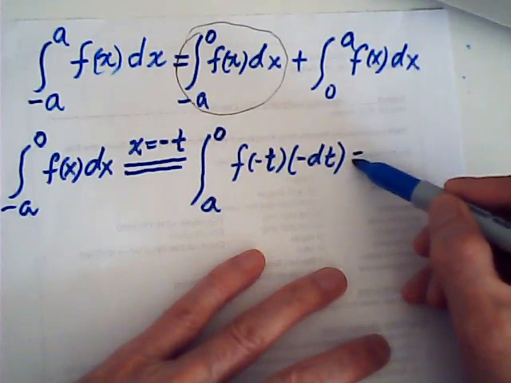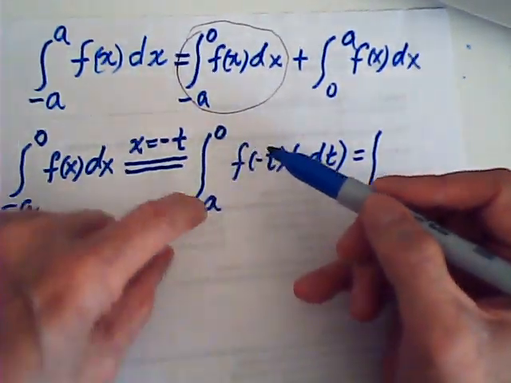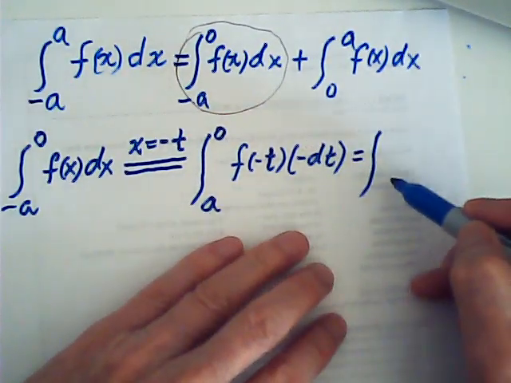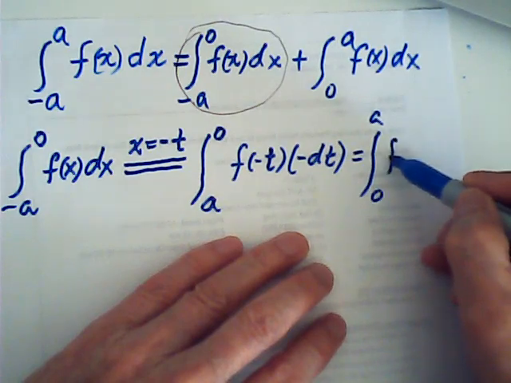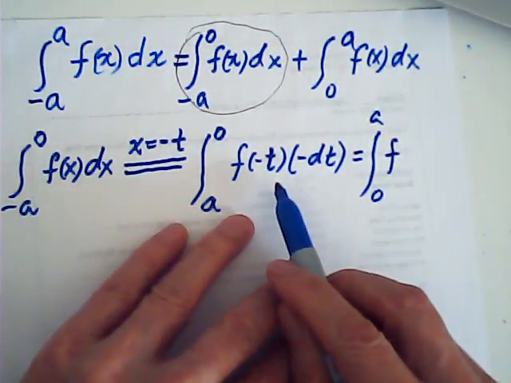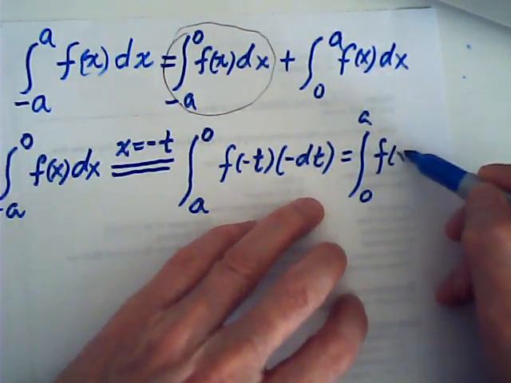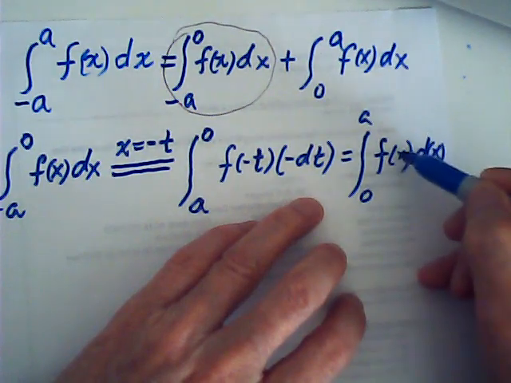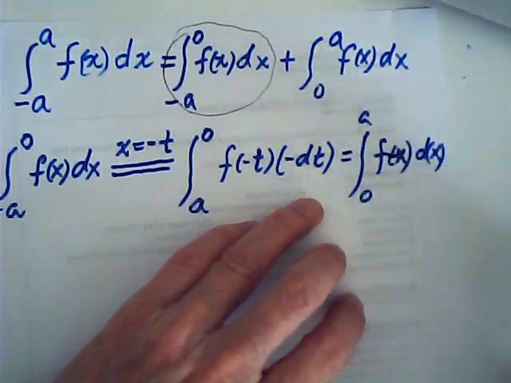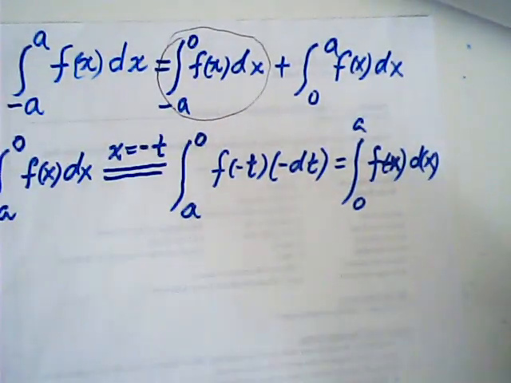Now this one is equal to, I can use this negative to interchange the limits. So from 0 to a of f of negative t, and this t and x is just a dummy variable, I can write x. So negative x, f of negative x dx from 0 to a.